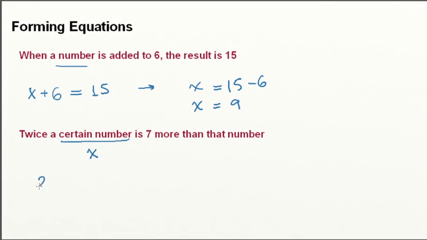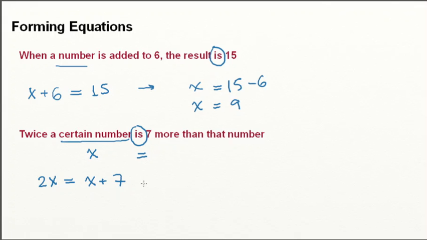So twice a certain number is, so is means equal to 7 more than that number. So it's actually the same number plus 7. So what is the number that when I make it double, I get the same number plus 7?